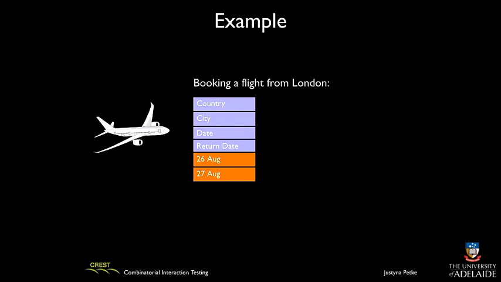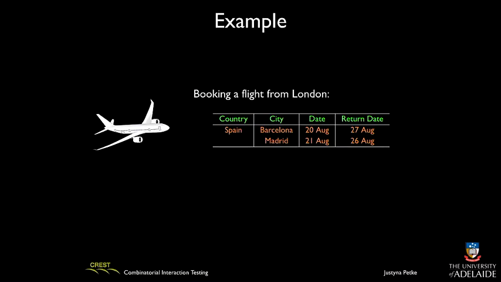So we have a bit of flexibility there. We can visualize this in a table very easily. We've got 1 option as a target country, 2 options for the cities, 2 options for the departure date, and 2 options for the arrival date.